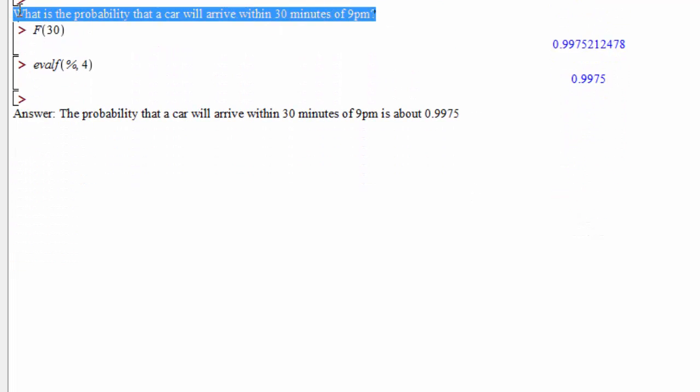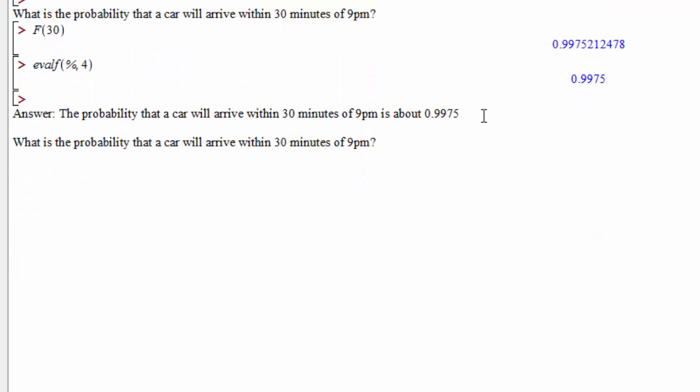So let's ask for one more. What is the probability that a car will arrive within 45 minutes of 9 p.m.? So that, of course, is asking us to evaluate our function f at t equals 45 minutes. And there's the answer we get. And actually, if we round this off to 4 digits, we're just going to end up with 1.